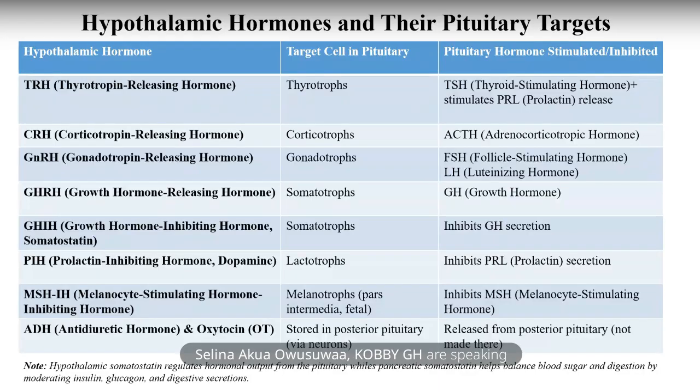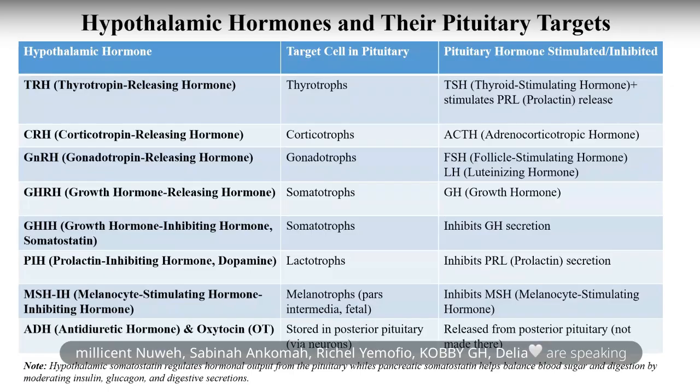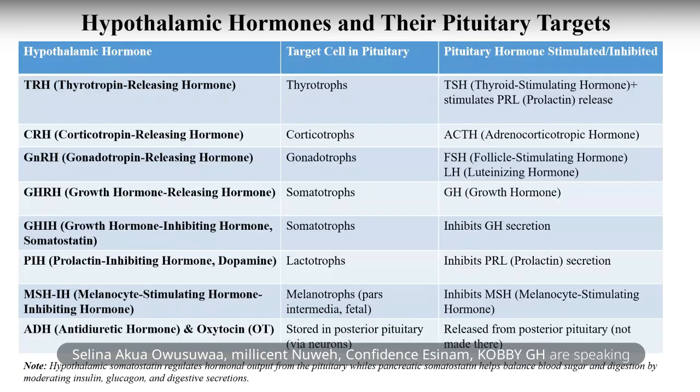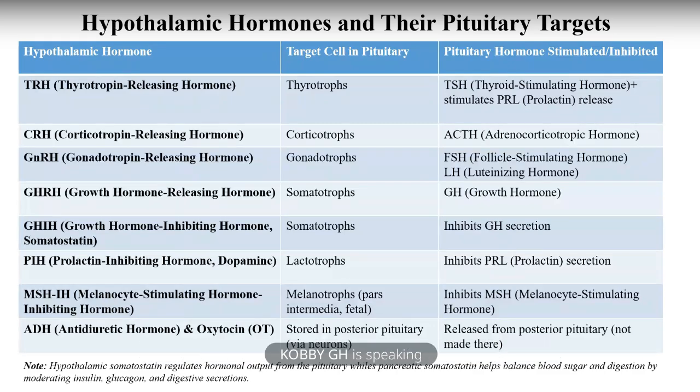Okay. Which cell in the anterior pituitary produces TSH? The thyroid cells.